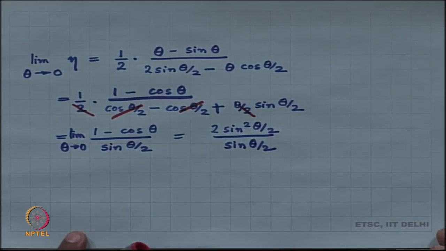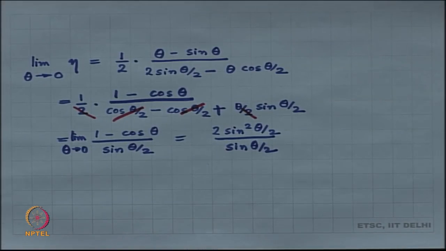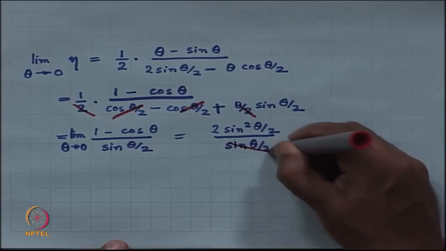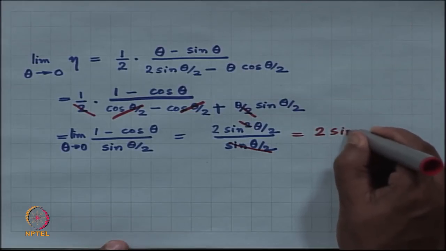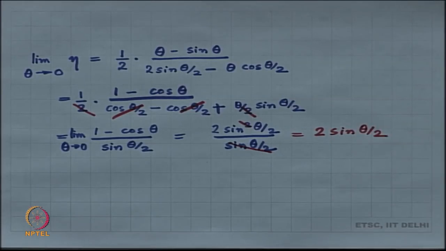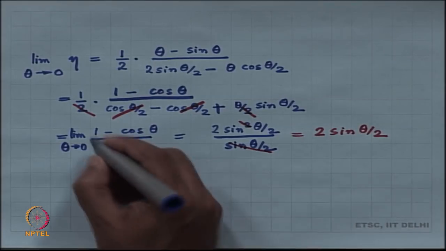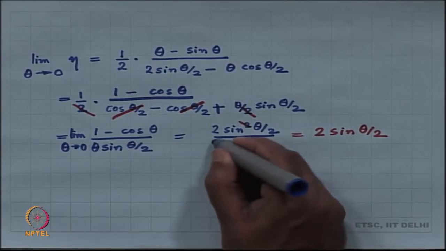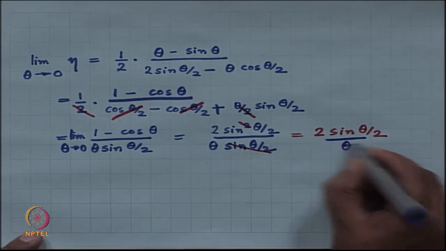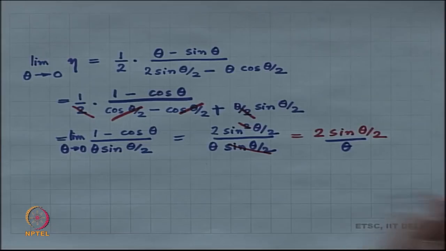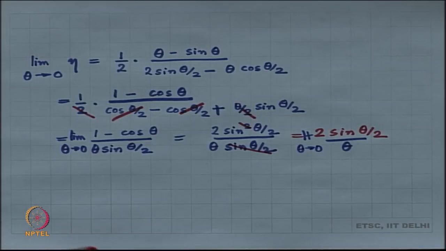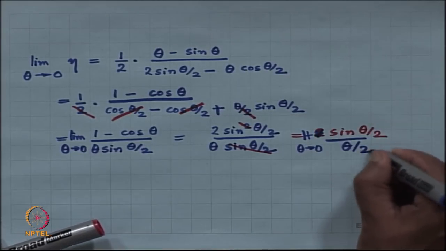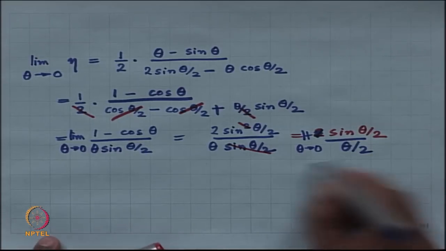So, this sin theta by 2 cancels out. No, there was a theta here. Yeah, that is better. Okay, it is correct. We are still doing limit theta tends to 0, and then it is sin theta by 2 by theta by 2, which is equal to 1.